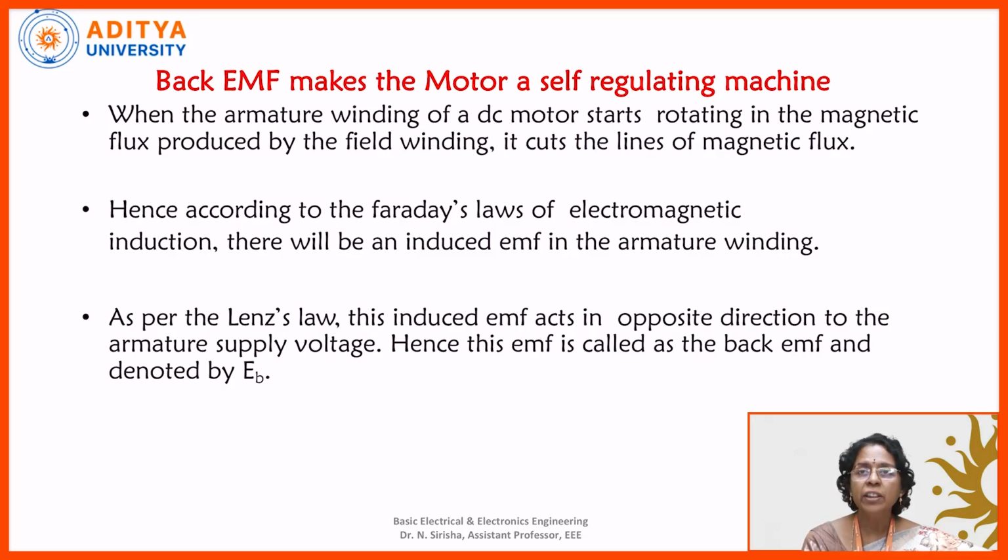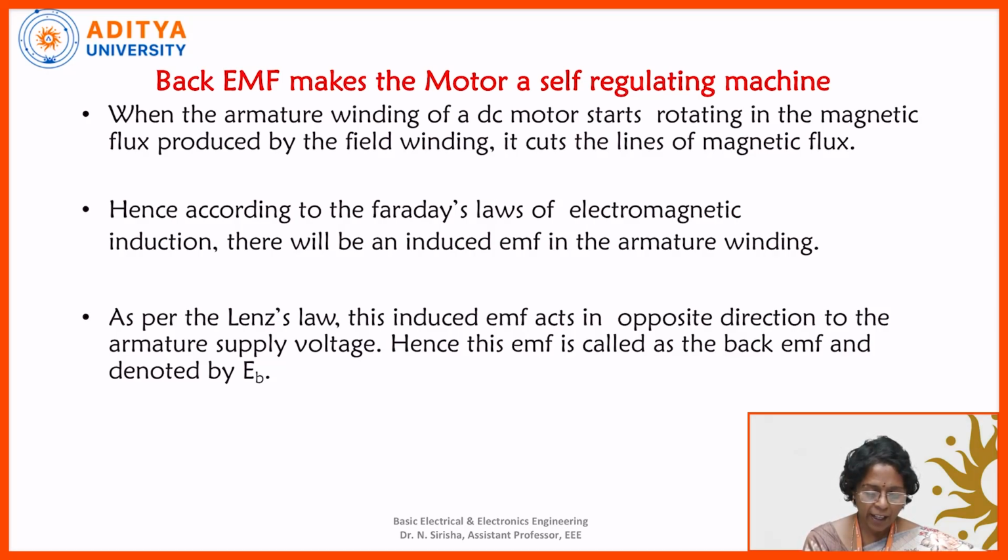One more feature in the DC motor is that back EMF is formed in it. Therefore, it is also known as a self-regulating machine. When the armature winding of a DC motor starts rotating in the magnetic flux produced by the field winding, it cuts the lines of magnetic flux.